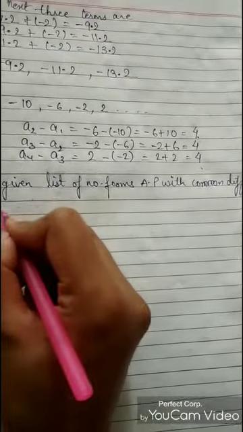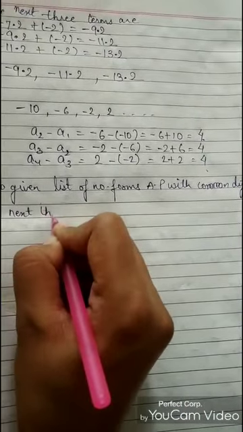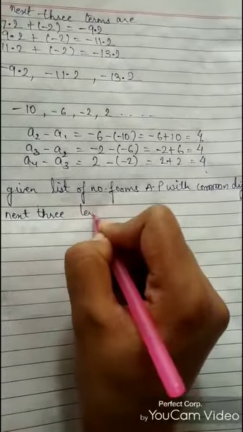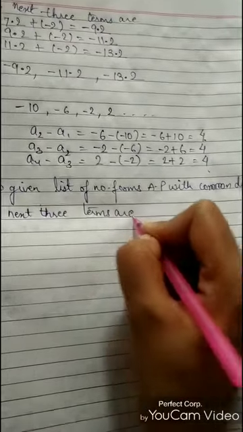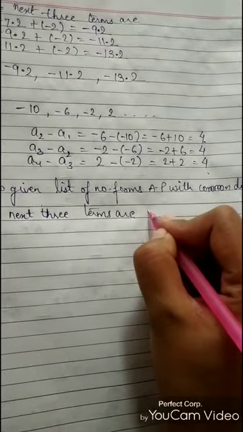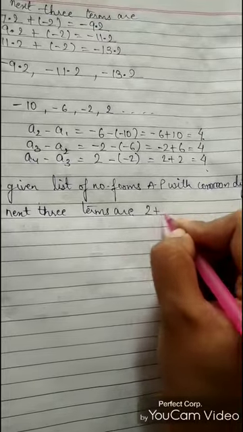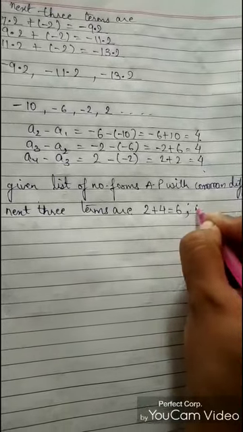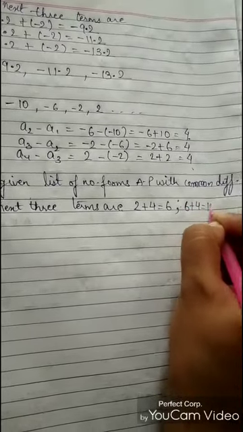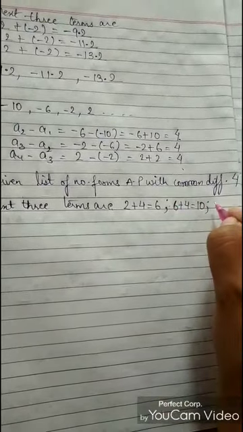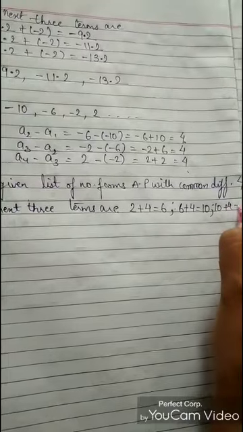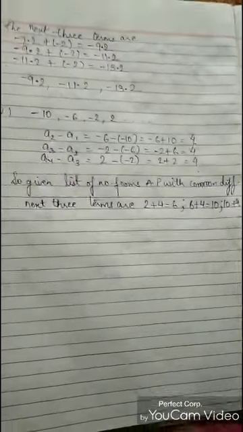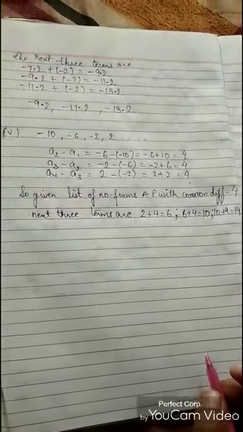So the next three terms are 2 plus 4, 6; 6 plus 4, 10; 10 plus 4, 14. Okay, now going for the next question, question number 5.